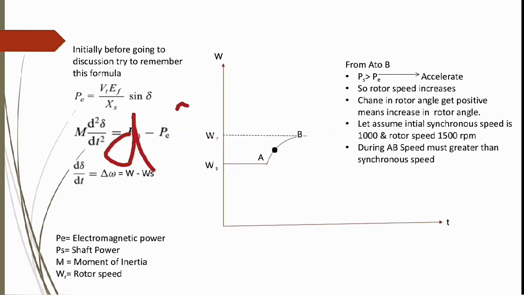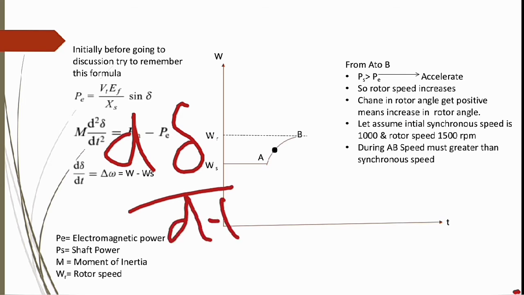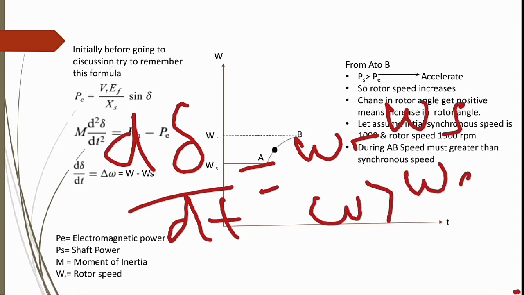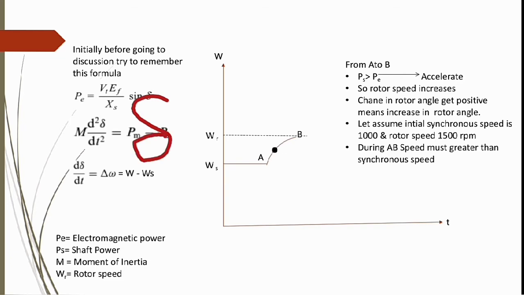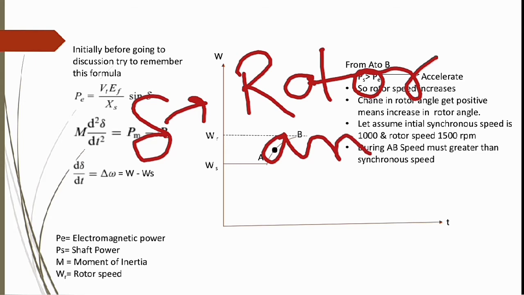But because we are moving from point A, d delta upon dt, which is equal to omega minus omega s, is positive, since omega is greater than omega s. So the rotor angle is increased.